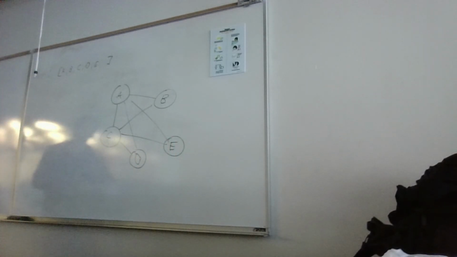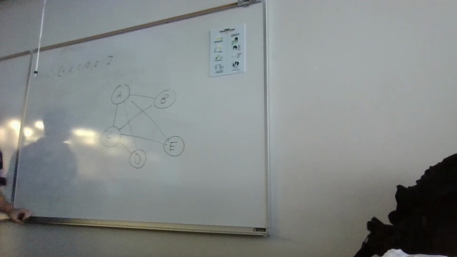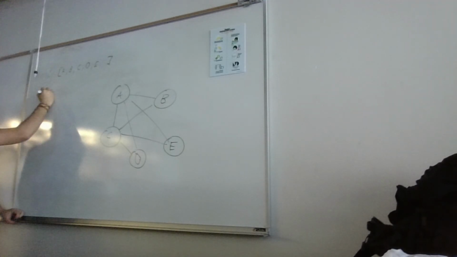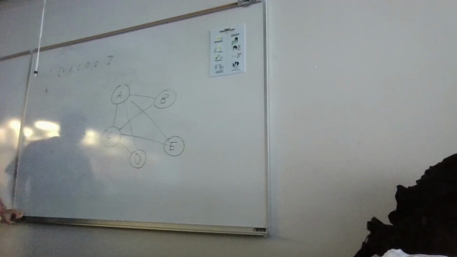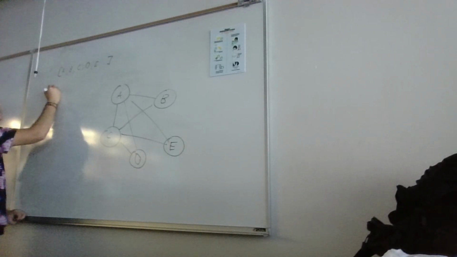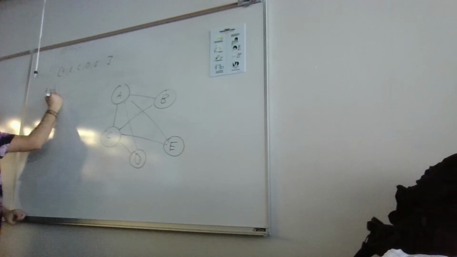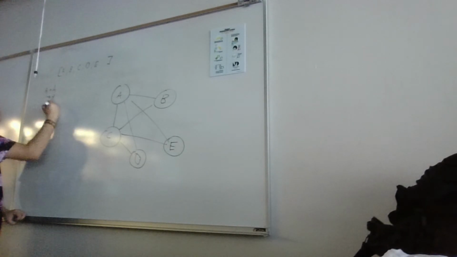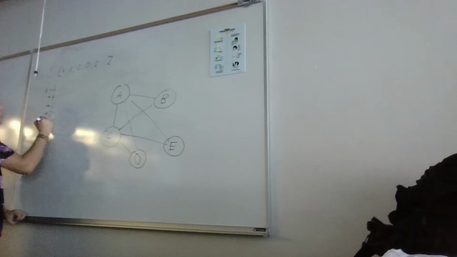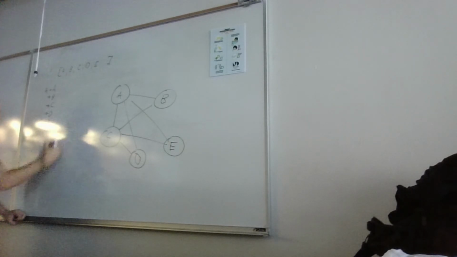Okay. So for our algorithm, if we want to do it the dumb way, the more intuitive way, I'm gonna say A has to check with the entire thing. A needs to check with A, A needs to check with B, A needs to check with C, A needs to check with D, and A needs to check with E. Because this is simple, right?